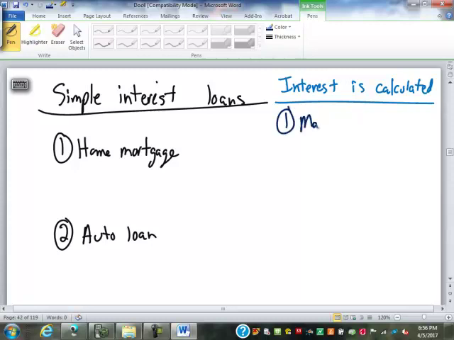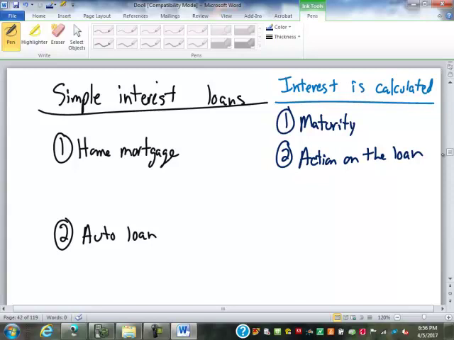One, at the maturity of the loan. Or two, when there's an action on the loan. An action on the loan would be withdrawing money or paying money. What do you have to do every month on both of these loans?